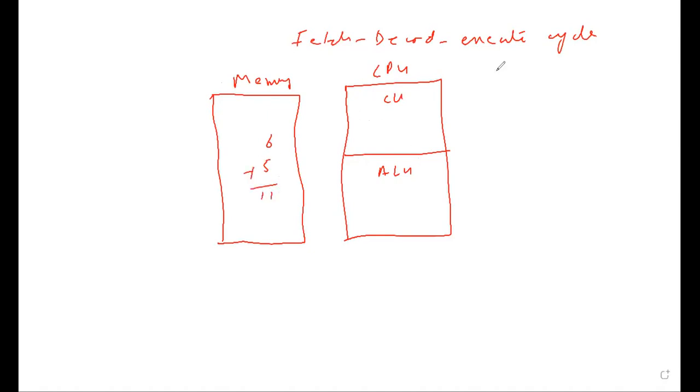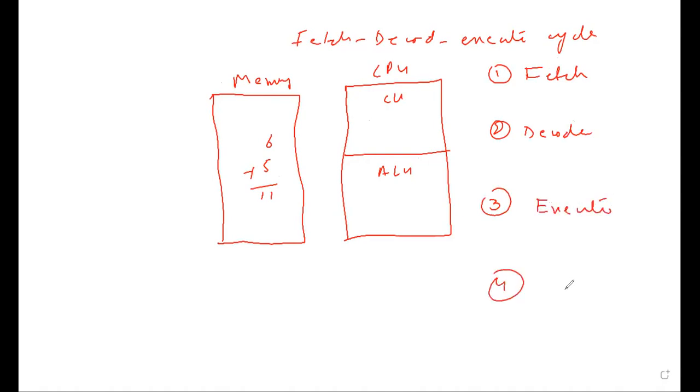Remember, the first stage of the fetch decode cycle is fetch. Second is decode, third is execute, and fourth is store.